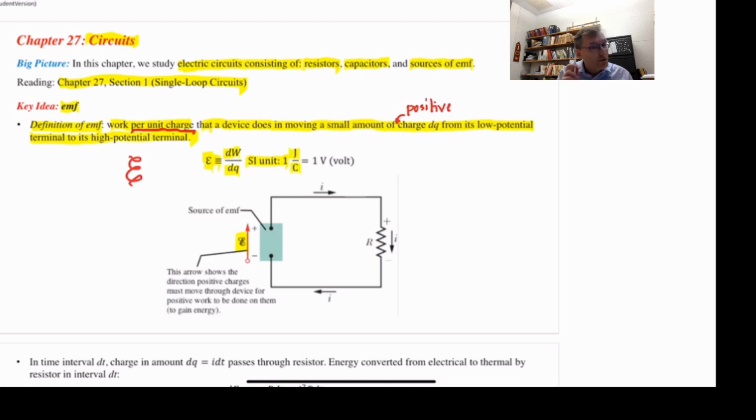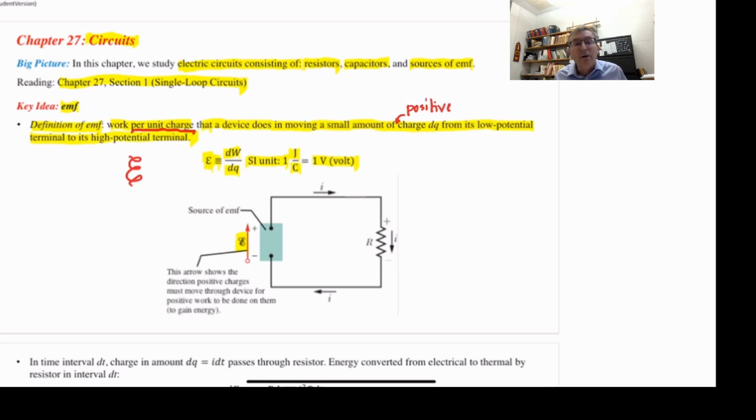Oh, but wait. Joule per Coulomb is a combination we came across first in chapter 24, when we introduced electric potential as electric potential energy per unit charge. And in fact, a joule per Coulomb is called the volt. So EMF has unit of volt.